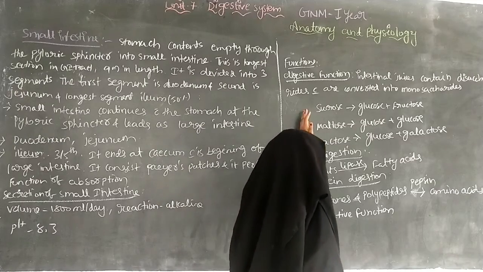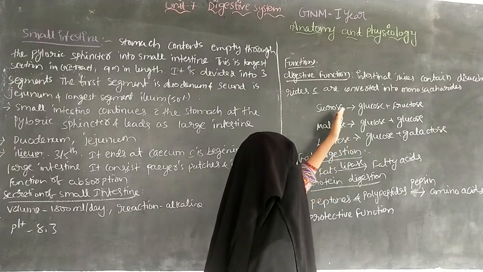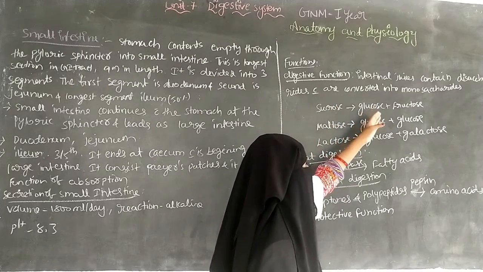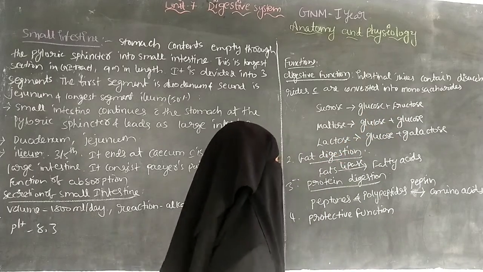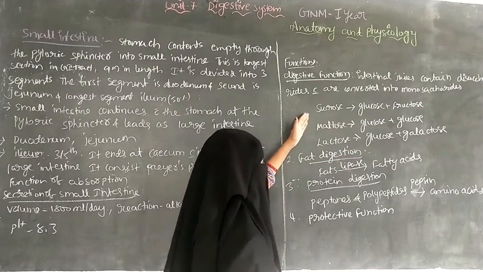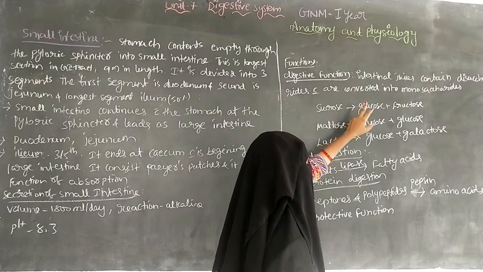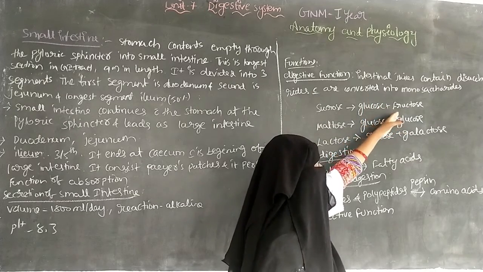For example, sucrose is a disaccharide, and by the sucrase enzyme it is converted into the monosaccharides glucose and fructose.